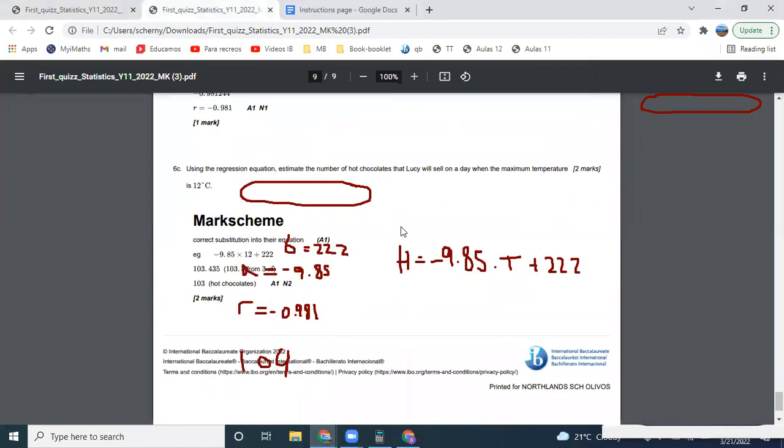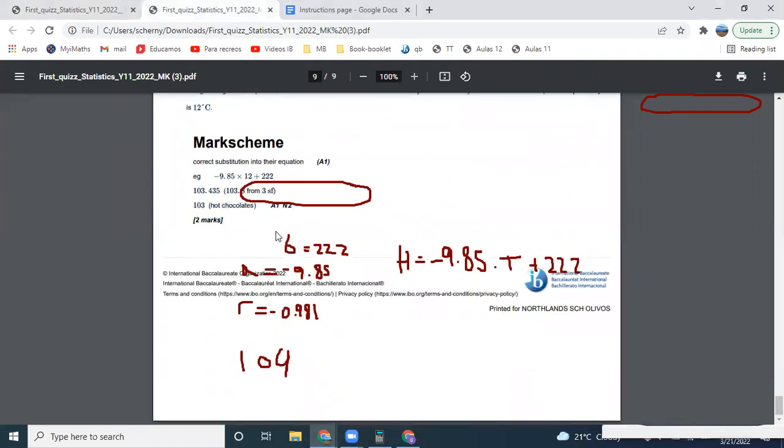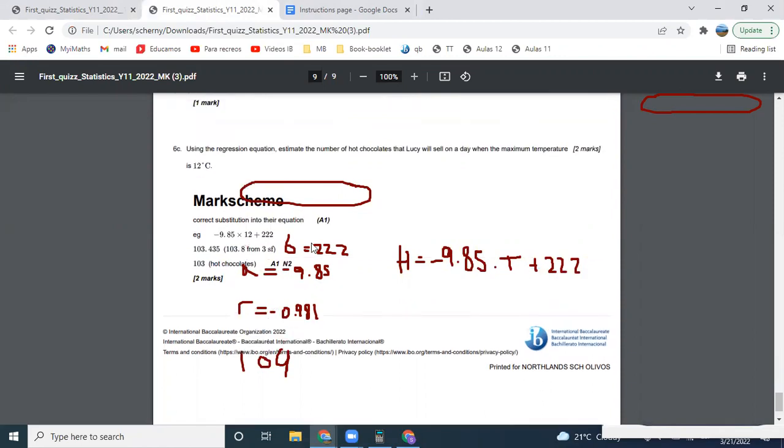Okay, if we go to the mark scheme, we can check. There is something different over here. Actually, take a look, it says here 103.8 from 3 significant figures. So if you round as we just did, then we would get 103.8.